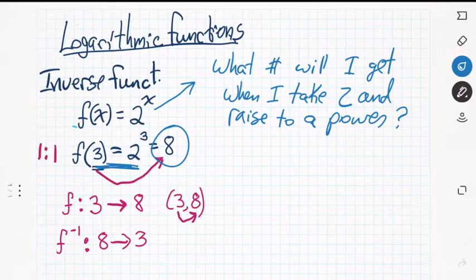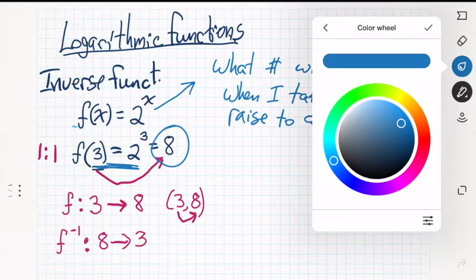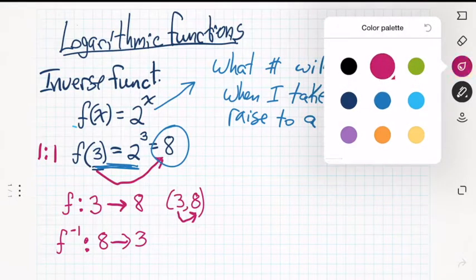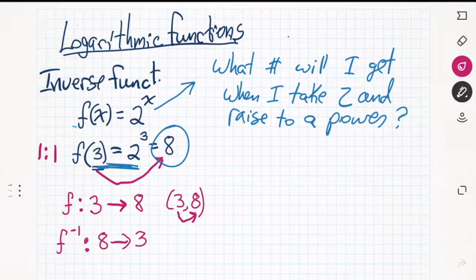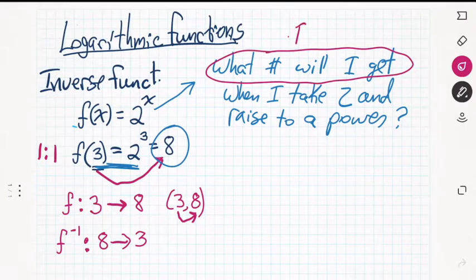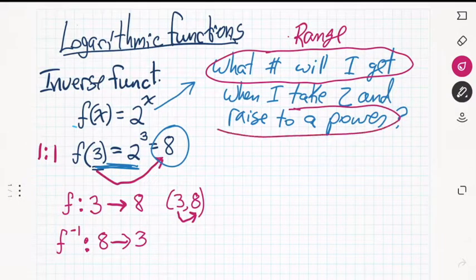So the answer to the question actually is the range of the function. So if we're talking about the range of a function, then this part, what number will I get? That's the range. And the power, raised to the power down here, is the domain. It's the number I'm plugging in. So if I'm going to invert it, then what will happen is the language is going to switch.